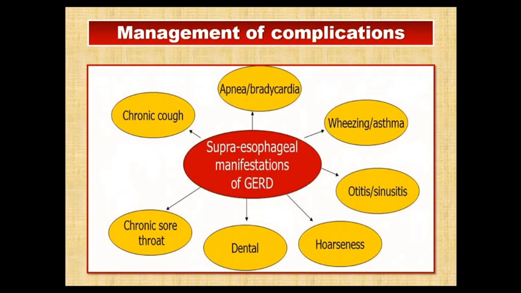You know the local ones, like erosive esophagitis, stricture or Barrett's esophagus. But the extraintestinal ones, like apnea and bradycardia, wheezing and asthma, chronic cough, chronic sore throat, dental erosions, hoarseness of voice, and otitis media. All these are called the supraesophageal manifestations of GERD, and this should be managed accordingly.